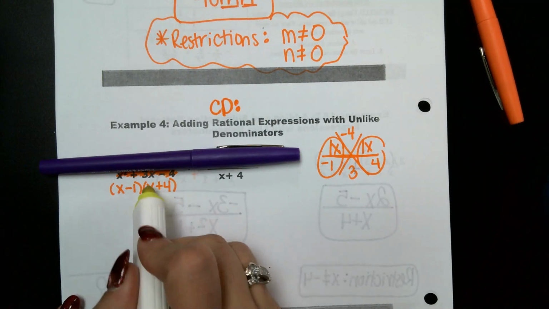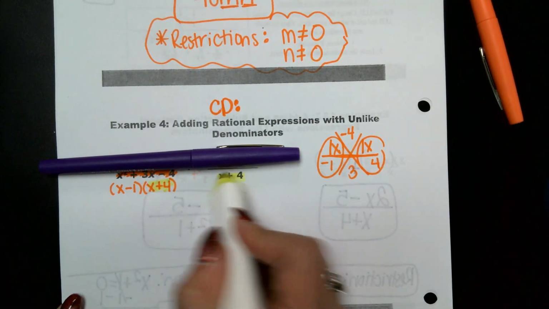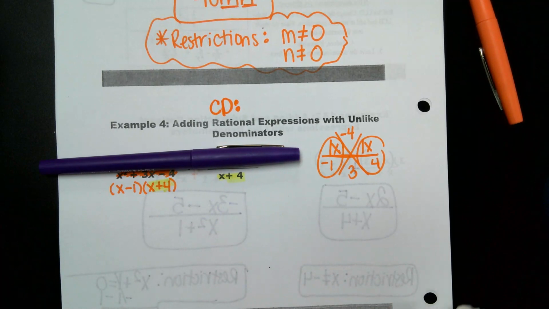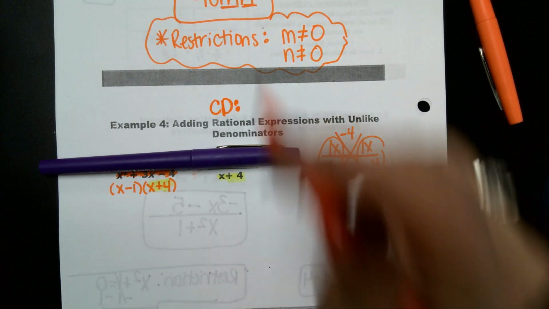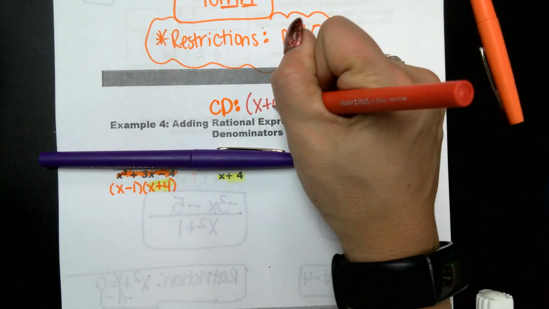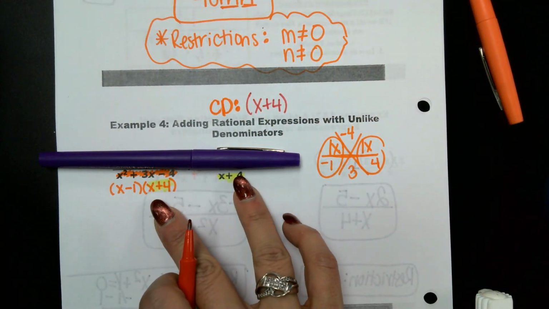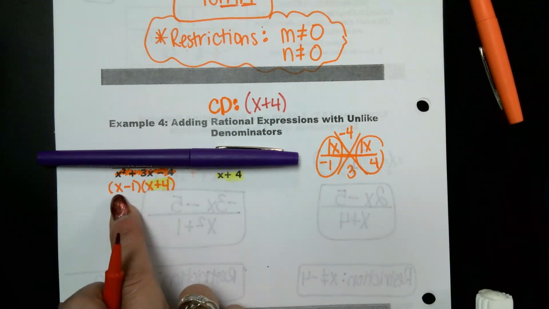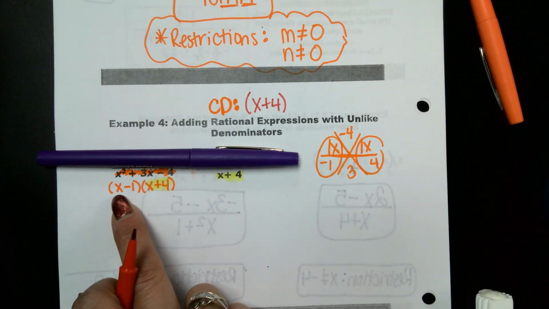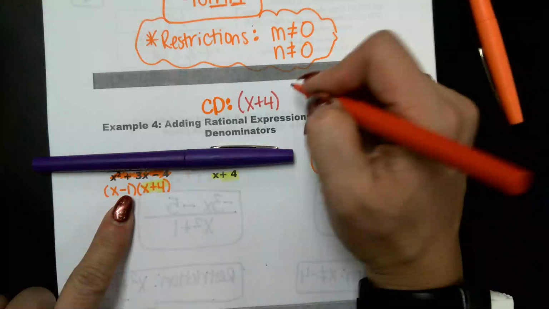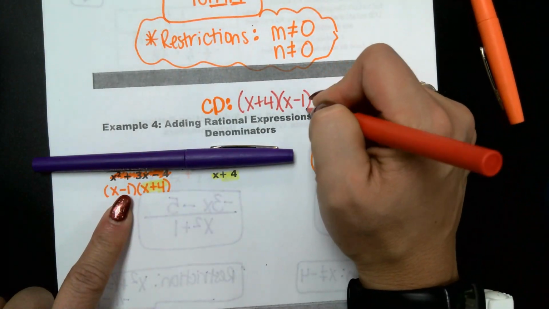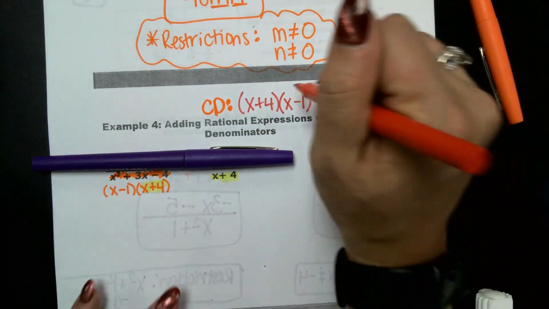Okay, so look, the x plus 4 that they have in common, they both have it, meaning you only have to use it one time. So I'm definitely going to include x plus 4 in my common denominator. Then whatever they don't have in common, we still have to use. So this x minus 1, we still have to include in our common denominator.